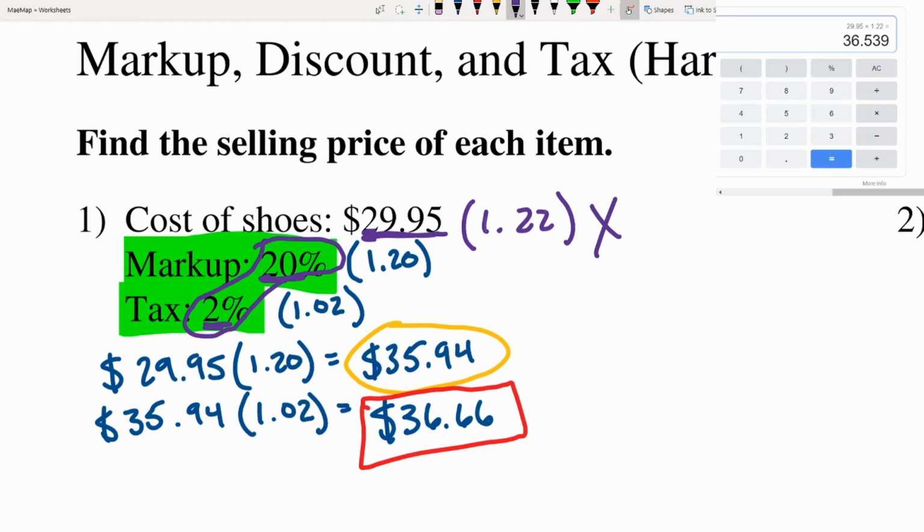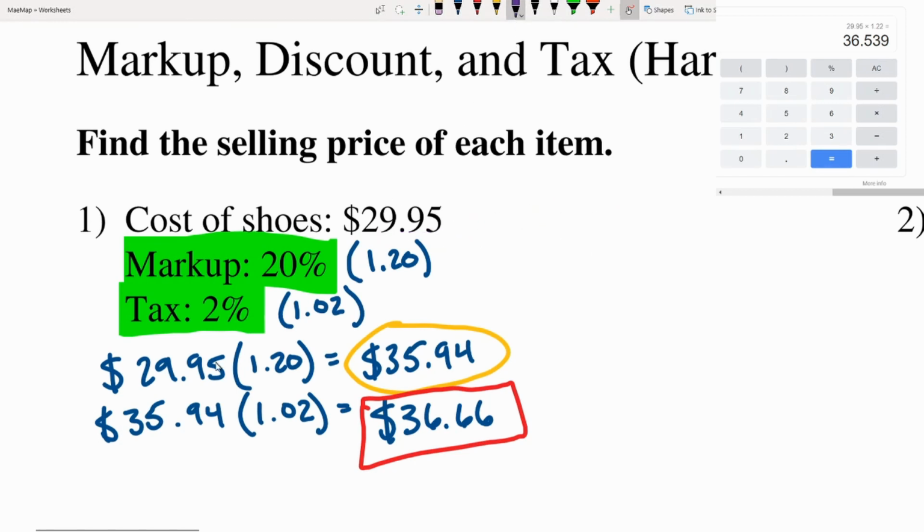However, let's look at our math, because there's an easier way to do this with a little less writing, although we're still doing those same techniques. If you look here, we have $29.95 times 1.20, and that was our $35.94. So if I replace $35.94 with $29.95 times 1.20, look what I would have.